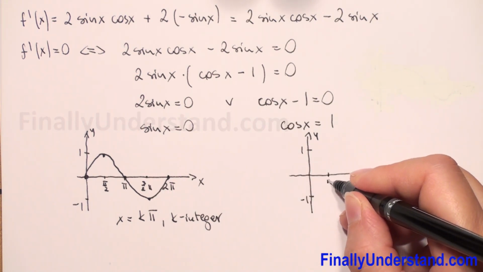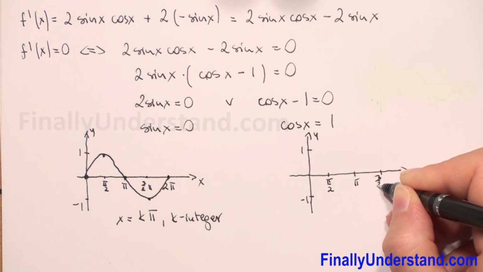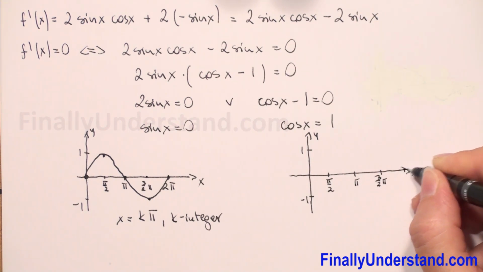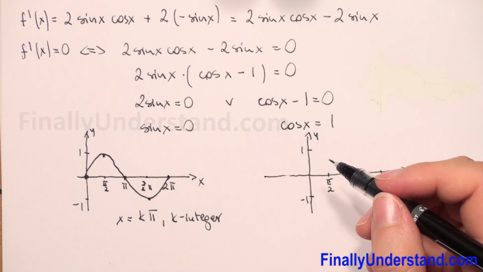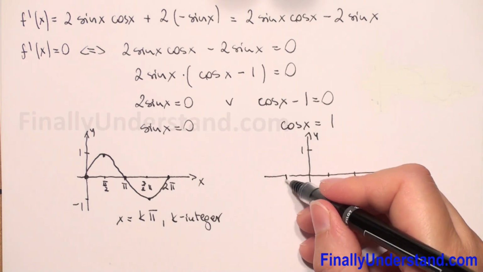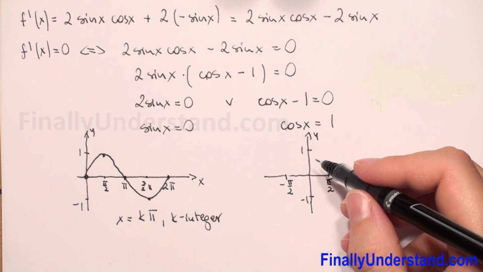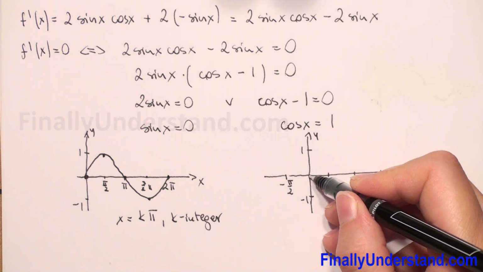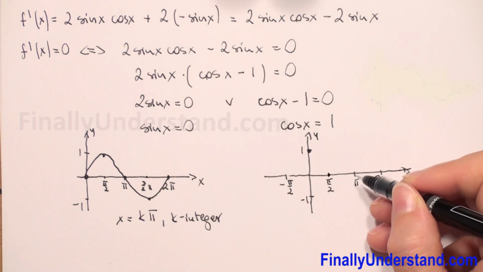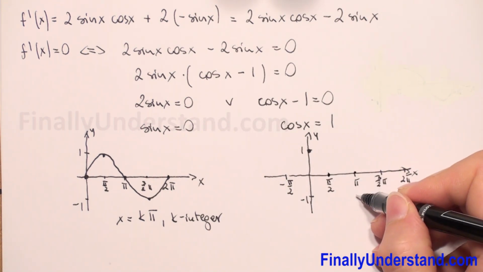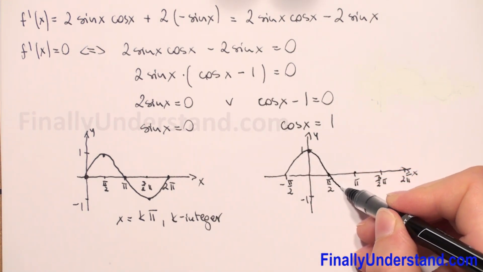Next we have pi over 2, pi, 3 over 2 pi, 2 pi, and we know that the cosine wave has period 2 pi, the same as sine. For cosine, at 0 it is 1, at pi over 2 it is 0, at pi it is negative 1. So we can sketch this graph.